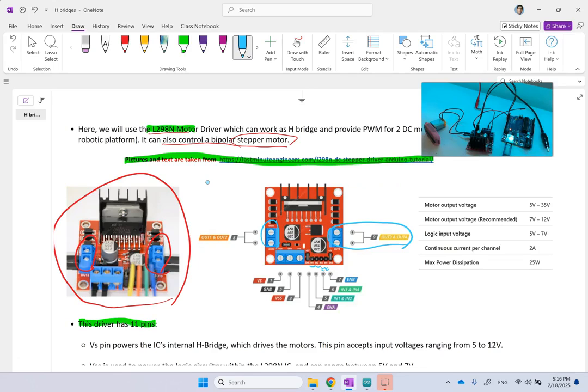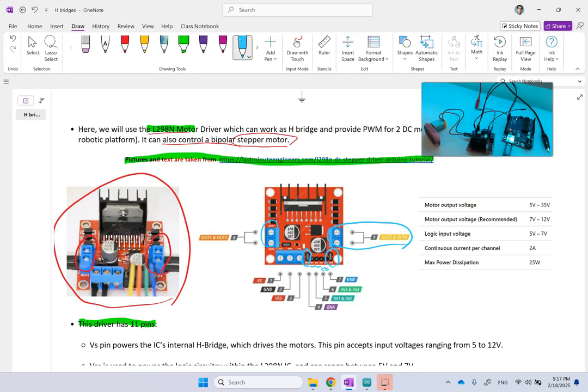Also, to control the speed, we have enables. There is one enable here on the left, which is this guy. That enable on the left is for motor A. It allows you to control the speed of motor A with PWM.